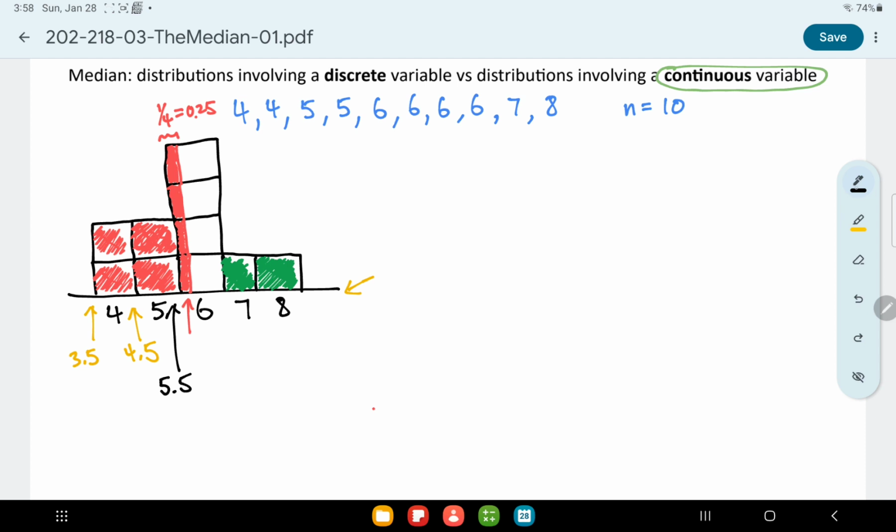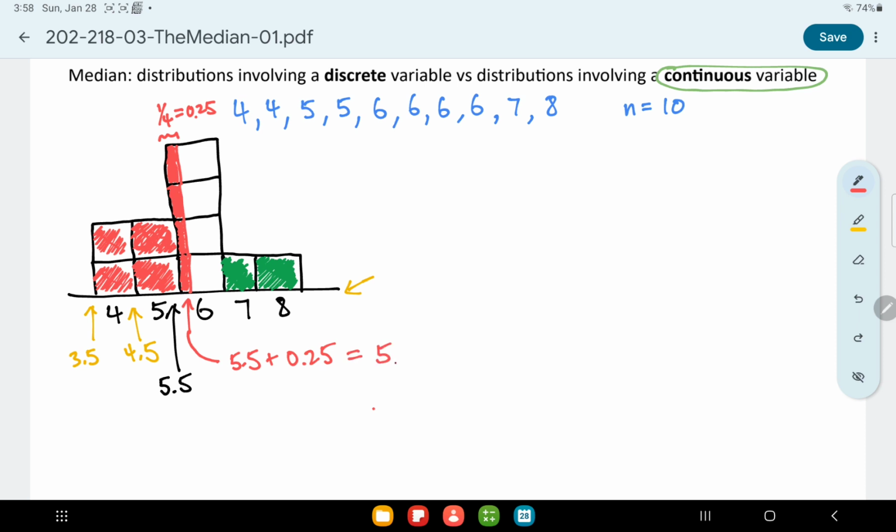So to figure out the point where we cut the entire volume of the histogram into half, this point, what is this point? This point essentially is 5.5 plus 0.25. Do you see? Let us do the math.